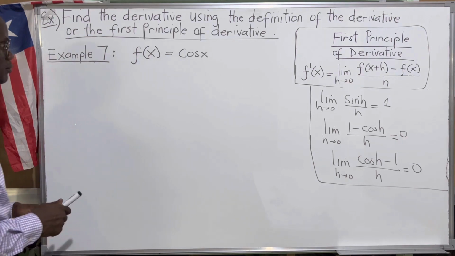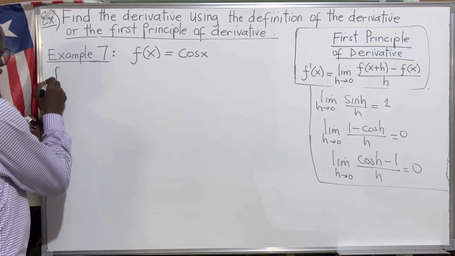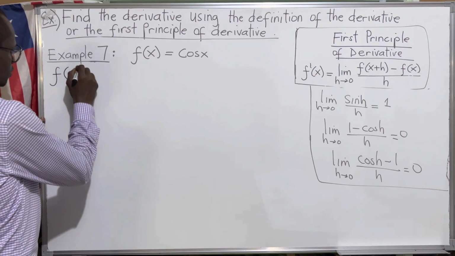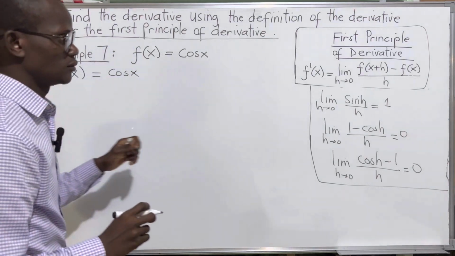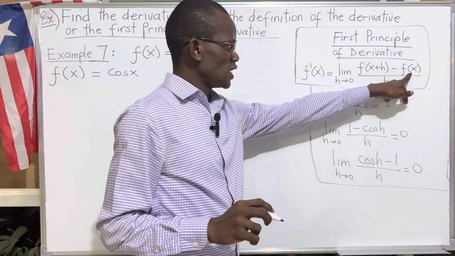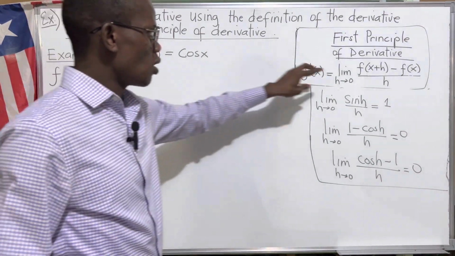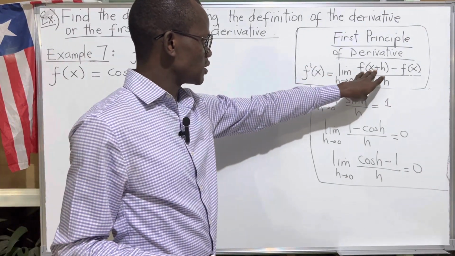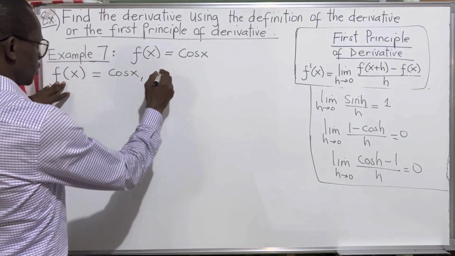So to do this, let's kick start. We have the function f of x, which is equal to cos of x. Whatsoever we see f of x, we're going to replace it with cos of x. We also need to replace f of x plus h, so we can find it from right here as well.